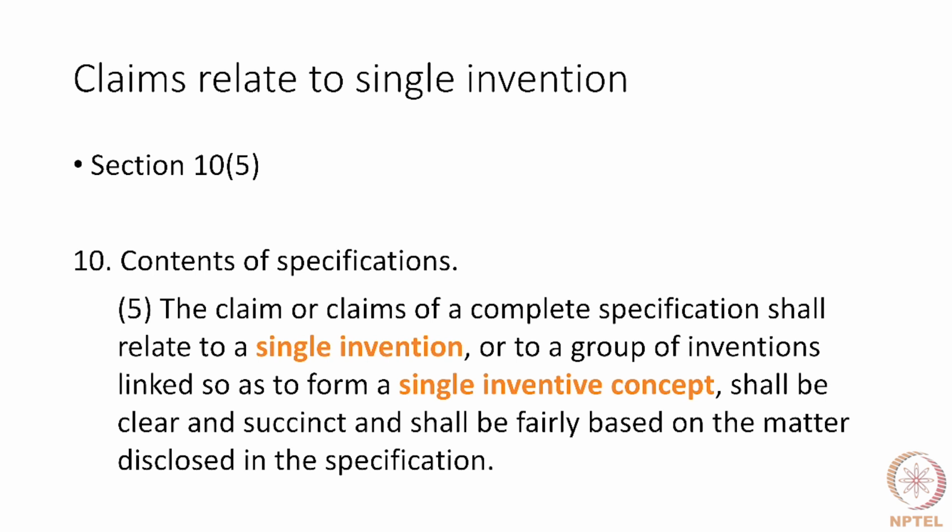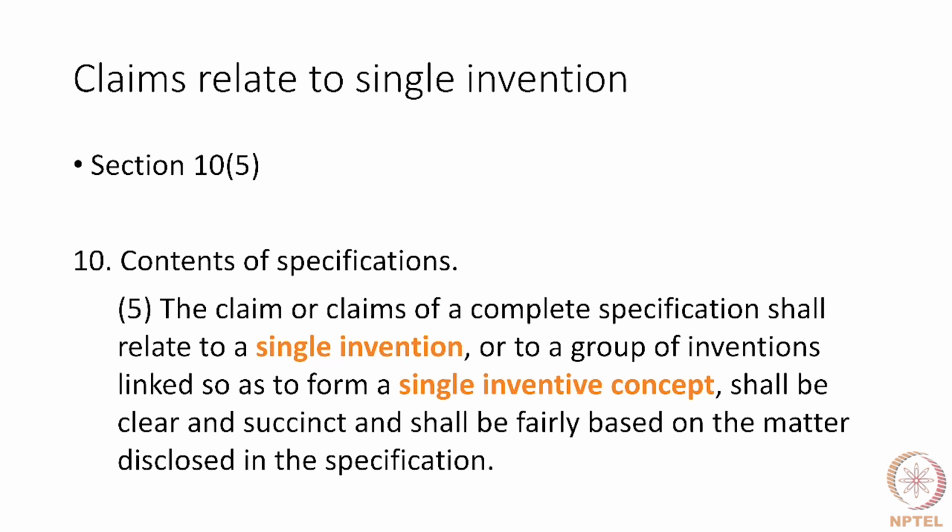Even if the inventions are covered by a single inventive concept, there are different aspects to the invention. They are all covered by a single inventive concept. You could still claim that in a single application. So either you have a single invention or a group of inventions which are linked to form a single inventive concept, still it can be the subject matter of a single application.